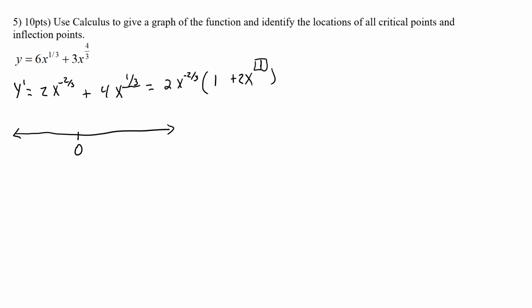And now you can see that this expression here is always positive, because what that means is the 2 over the cube root of x squared. So that's always positive, right? And this expression here, the only thing that makes that 0 is negative 1/2.